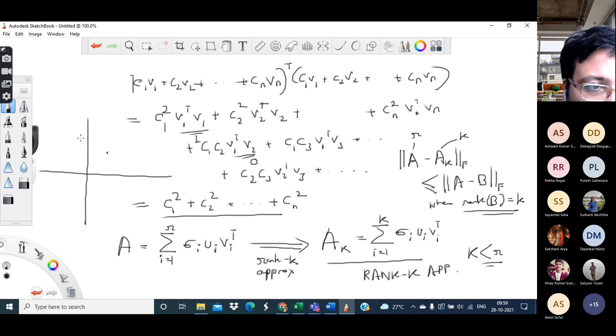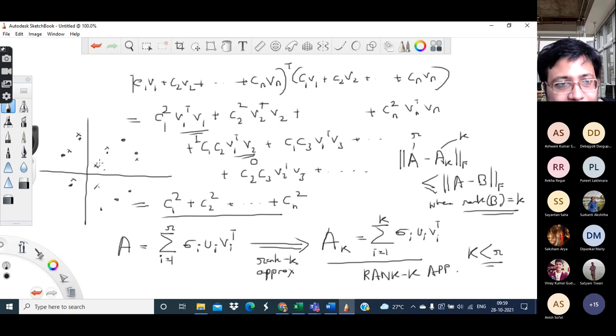Let us say these points represent low rank matrices. We can also find some high rank matrices in their immediate surroundings. On the contrary, if you consider any of these high rank matrices, then you can also find a low rank matrix in its surroundings.